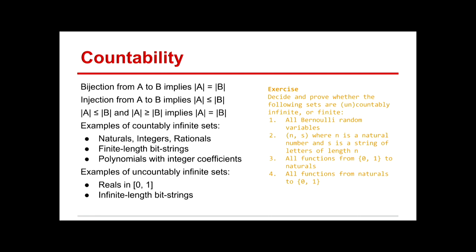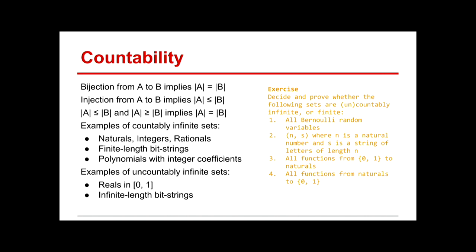Okay, so let's go through the answer for the first one. Who thinks that the set of Bernoulli random variables is finite? Who thinks for number 1 the set is infinite, countably infinite? Who thinks that it's uncountably infinite?